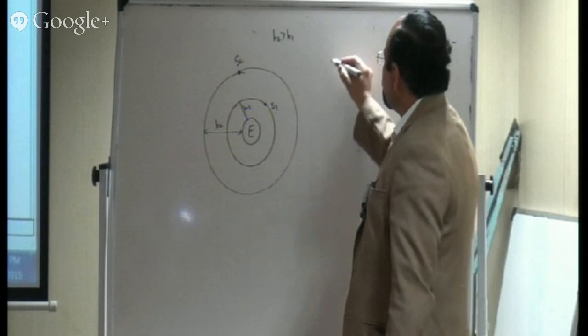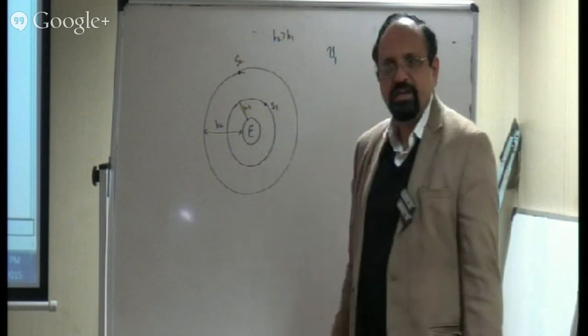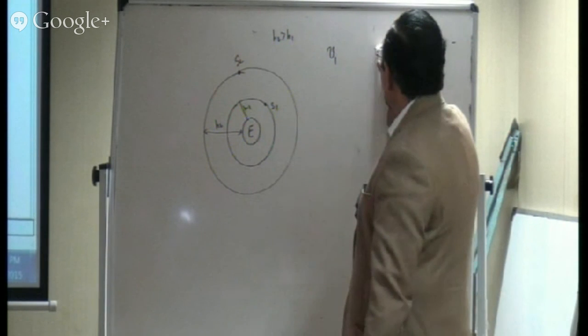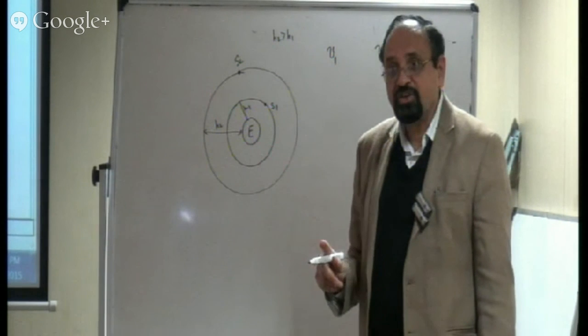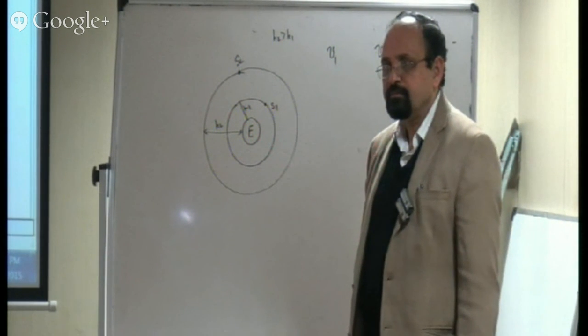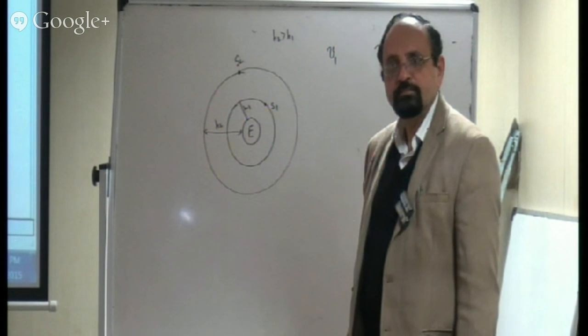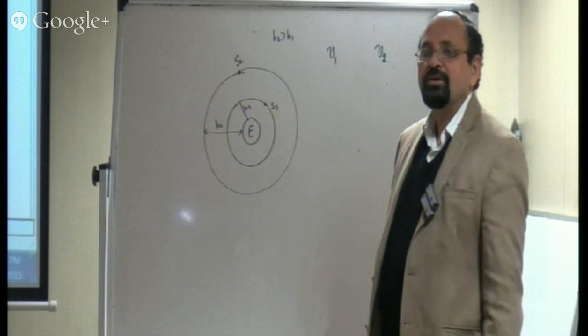If I ask you, V1 is the orbital velocity of the satellite S1, and V2 is the orbital velocity of satellite S2. Which of the two is more? Look at your options. You have the formula with you. Which is more?